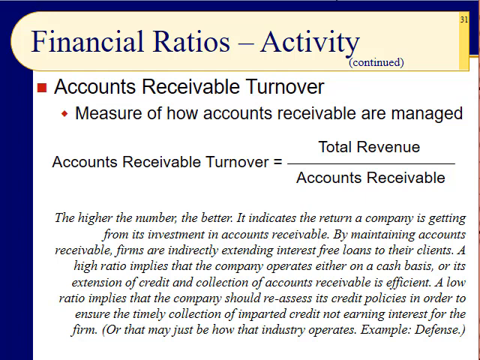You accountants, you know this, and for the rest of us, it's not that difficult. Basically, they owe us money, right? And so this is a measure of how well we're managing our accounts receivable. In other words, are we getting paid what we're owed? So we take the total revenue, the top line number, and we divide it by our accounts receivable.